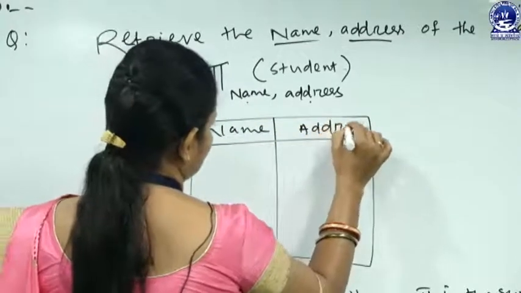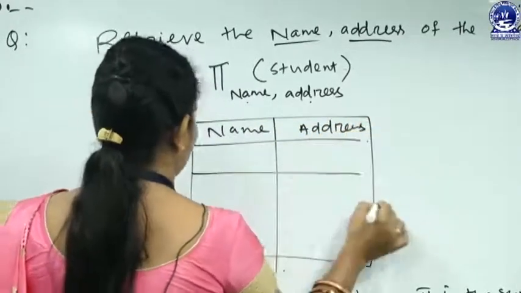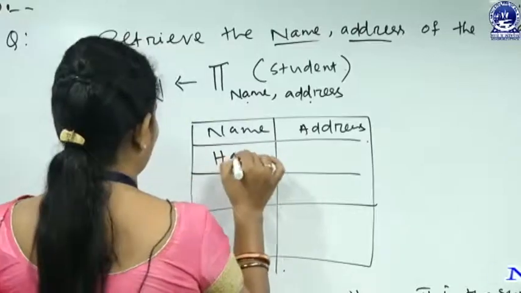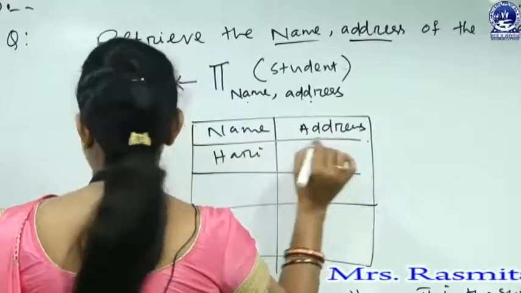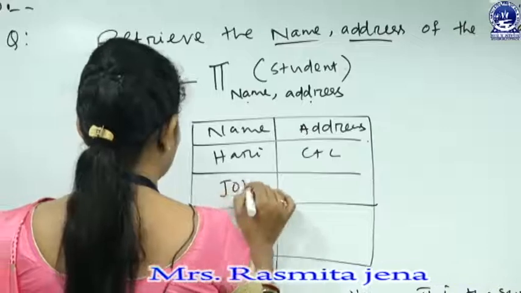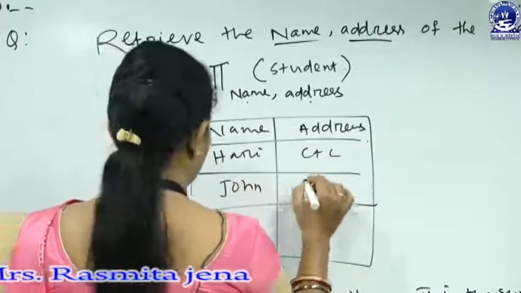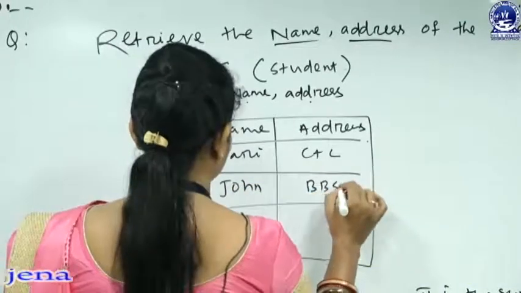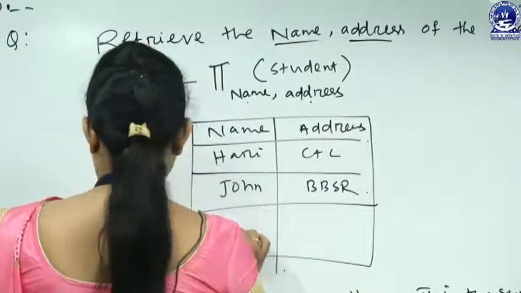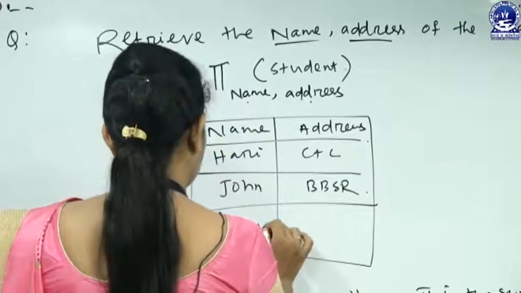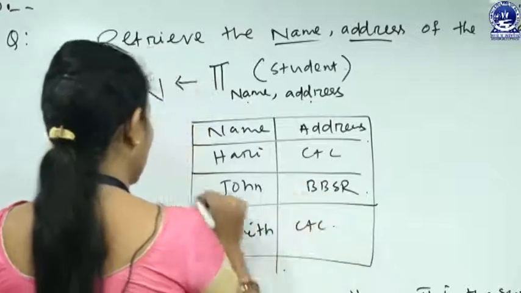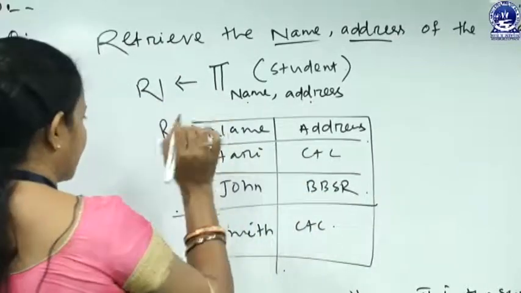The resultant relation is: name, address is CTC, and name is John and address is BBSR, and name is Smith and address is CTC. So this is our resultant relation.